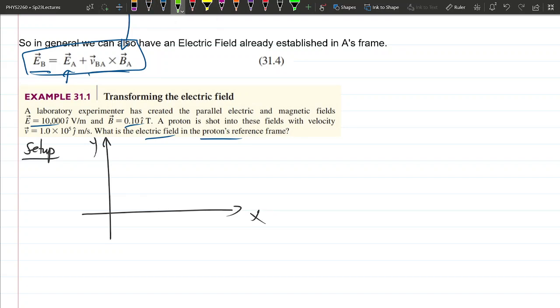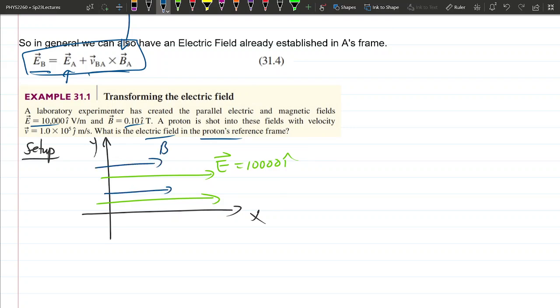Both the electric field and the magnetic field are in the x direction, so we have an E field that is 10,000 in the i hat, I'll leave the units off, and a magnetic field that's 0.1 Tesla in the i hat direction also. The proton is shot vertically in the y hat direction, so let's have this going straight up. V of the proton.